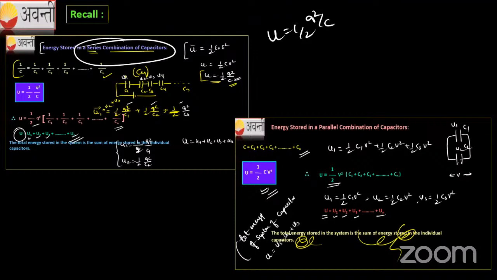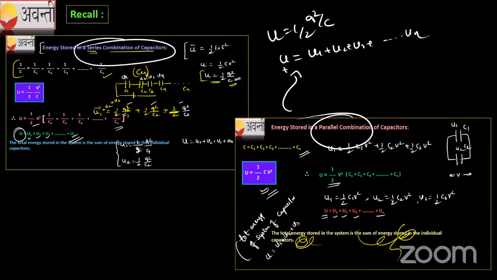If I'm connecting n number of capacitors, the total energy of the system will become U1 plus U2 plus U3 up to Un. Means we just need to add everything. Next, if I connect the same capacitors in parallel combination, the energy will be the same: total energy can be written as U1 plus U2 plus U3 up to Un. Just scalar addition.